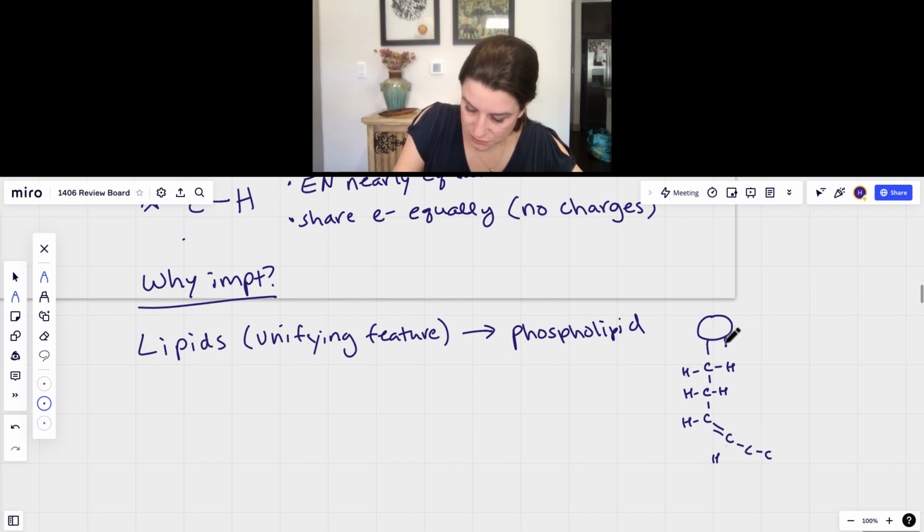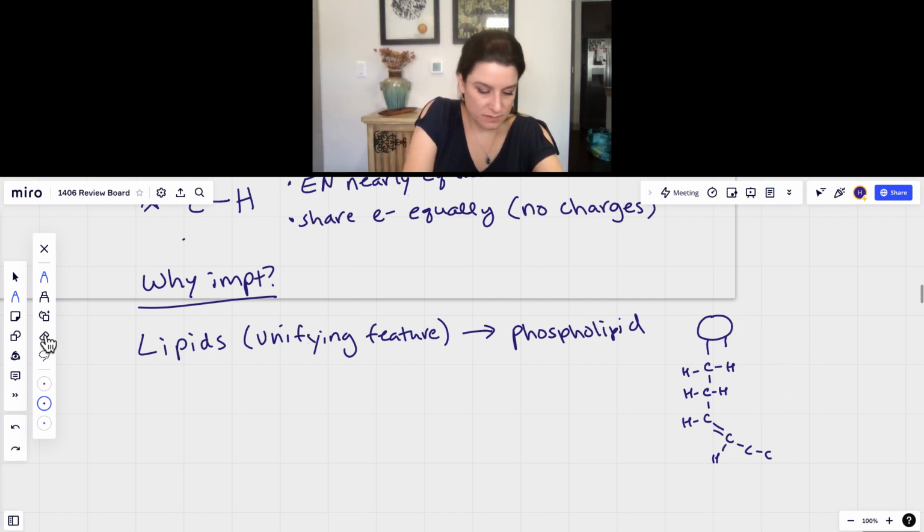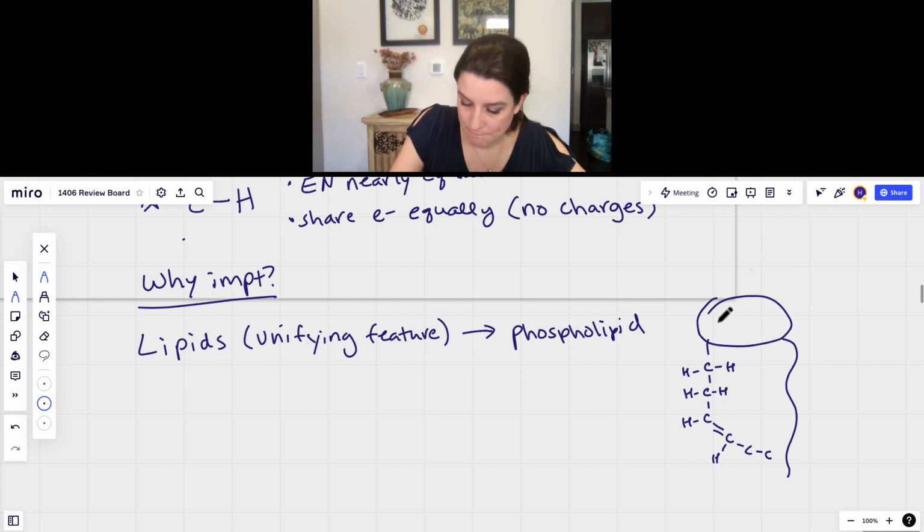Phospholipids have 2 of these tails. I'm just going to draw one in the representation, and I'll draw a bigger head. There we go. Okay. There's that phosphate group that's negative, which is the hydrophilic part.